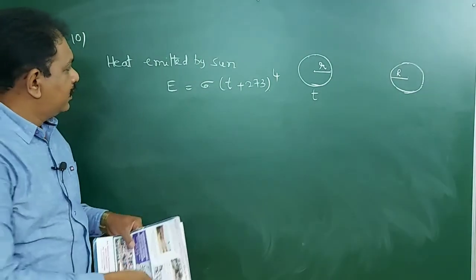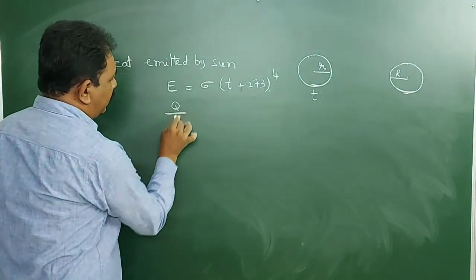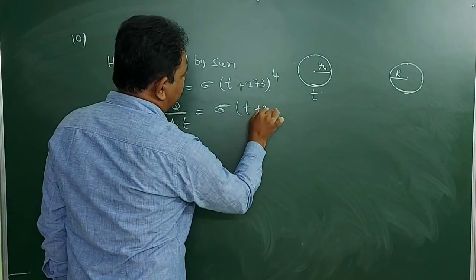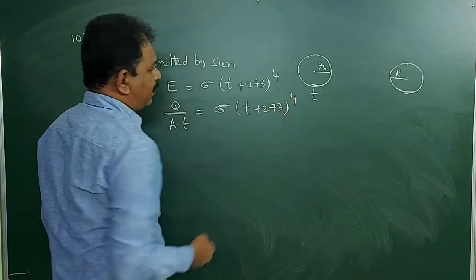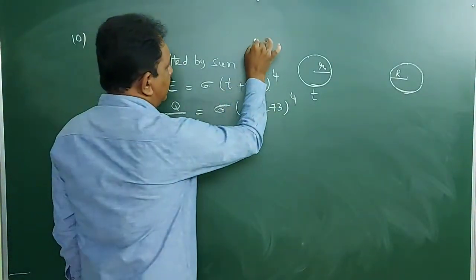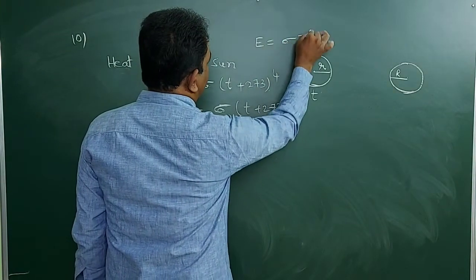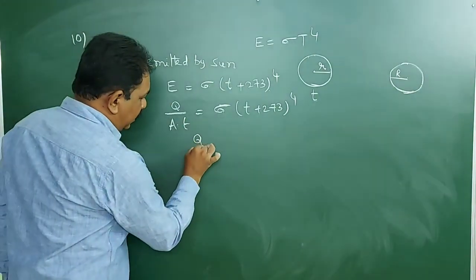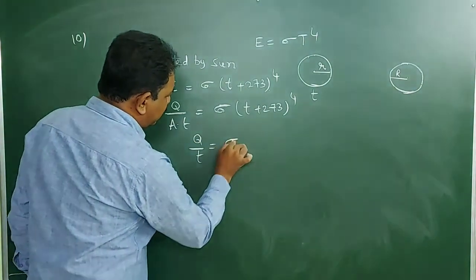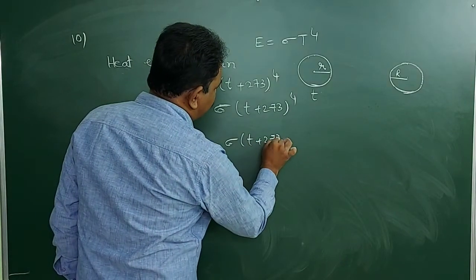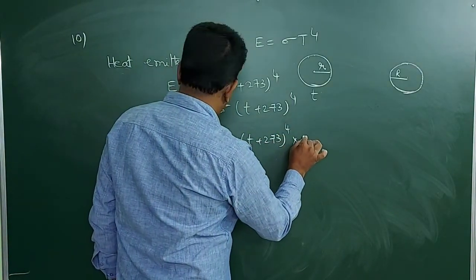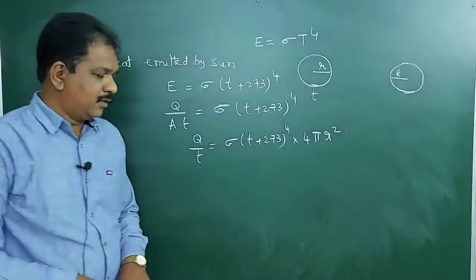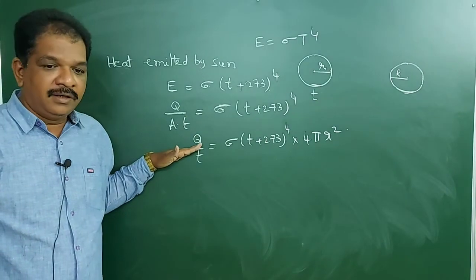Then this is Q by At, sigma into T plus 273 whole power 4. Stefan's law, E is equal to sigma T power 4, using that formula. Then Q by t is equal to sigma T plus 273 power 4 into area, which is 4 pi r square. This is the heat emitted by it.